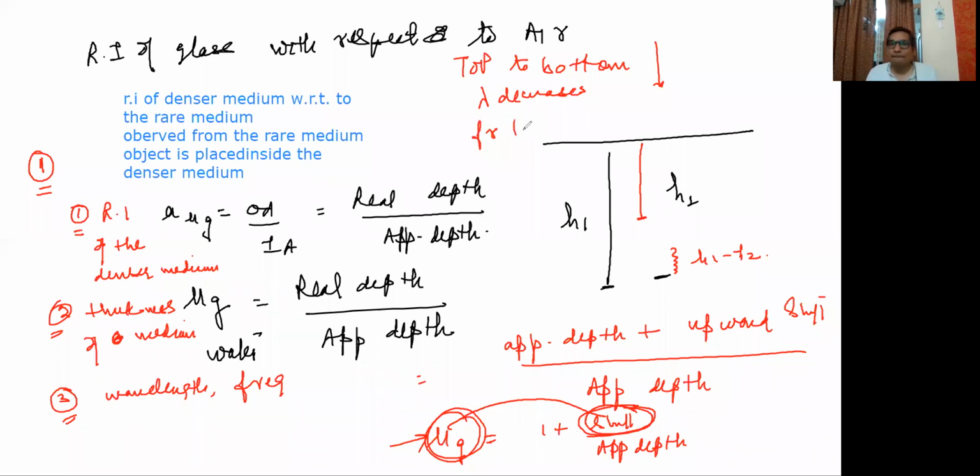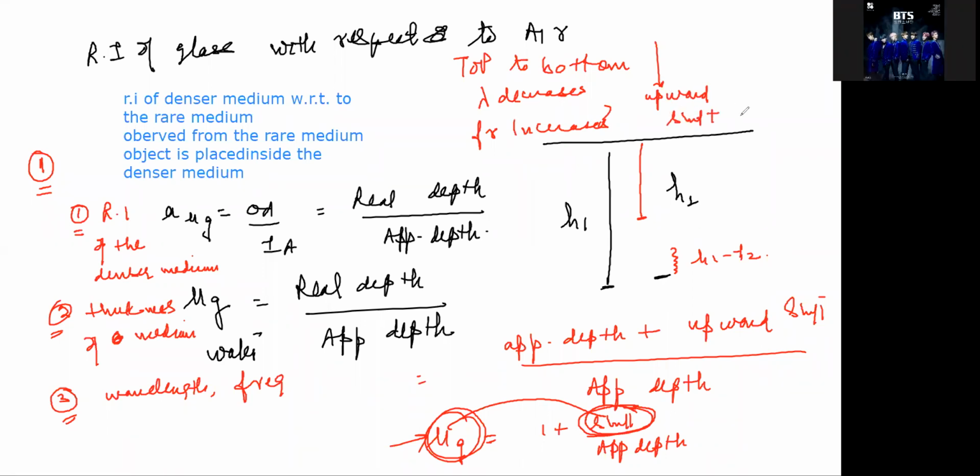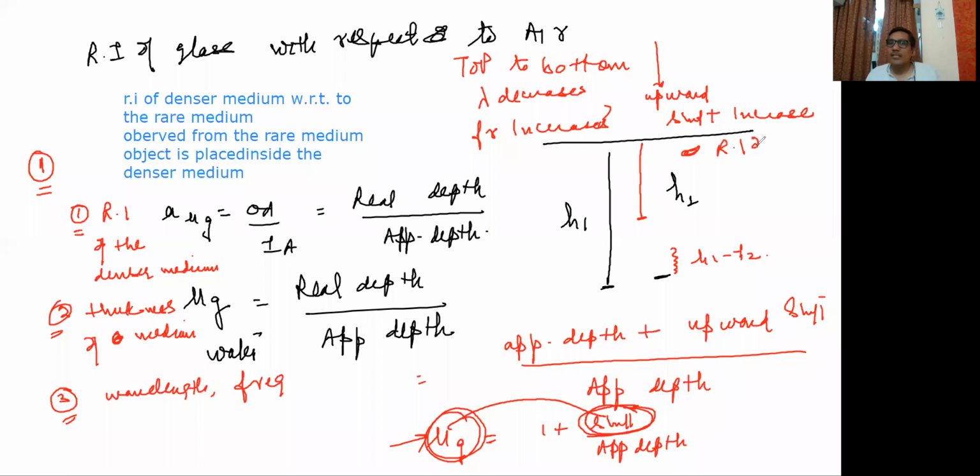Frequency increases. Upward shift, बताइए. Upward shift increases. The refractive index of the medium also increases. I hope I'm clear to you all.